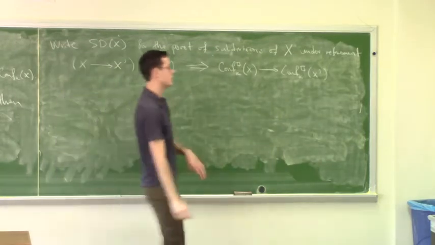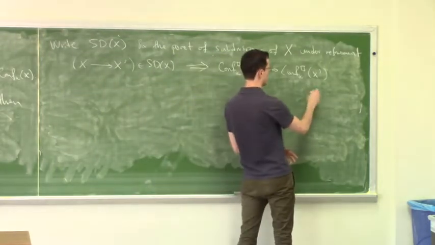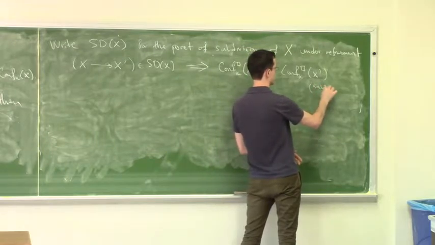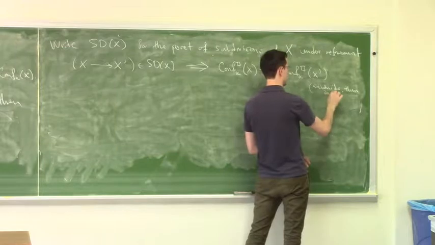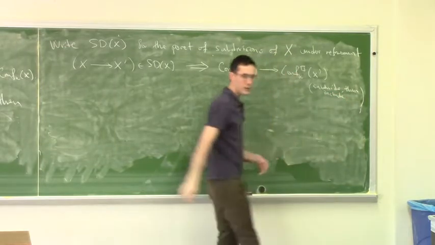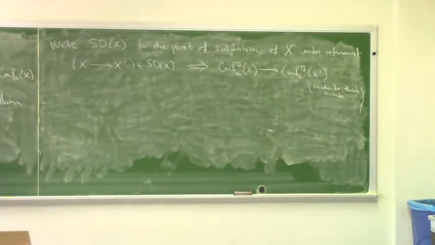And this map is not a subdivision, it's the composite of first a subdivision and then an embedding as a subcomplex. Okay.